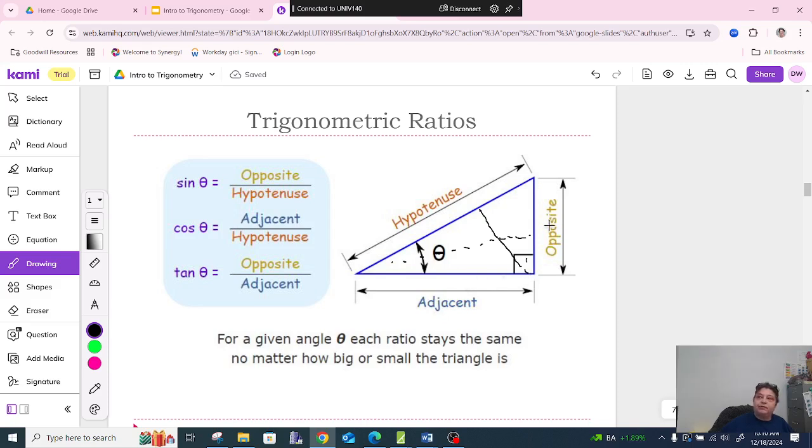It helps make the right angle, but it's not the opposite. These only work for right triangles. Correct. There are other trig functions that you can use when they are not right triangles.